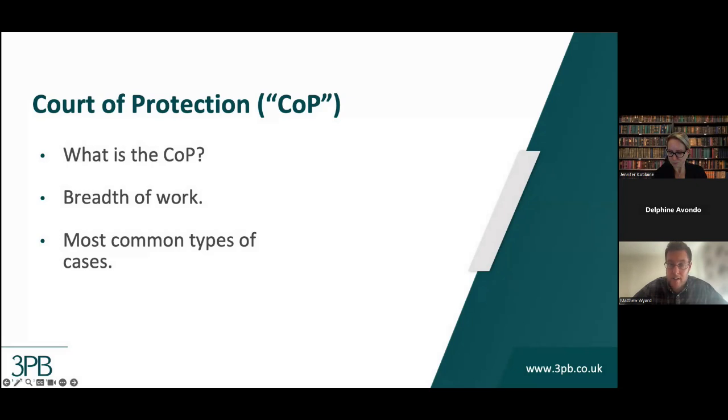Determining questions around someone's mental capacity, so determining if they do have mental capacity to make specific decisions at all. Secondly, if they lack that capacity, making decisions for them that they can't make for themselves at the relevant time. Or thirdly, appointing people to make decisions on behalf of others. Some of you may have others in your firm who act as professional deputies on behalf of clients who lack capacity.